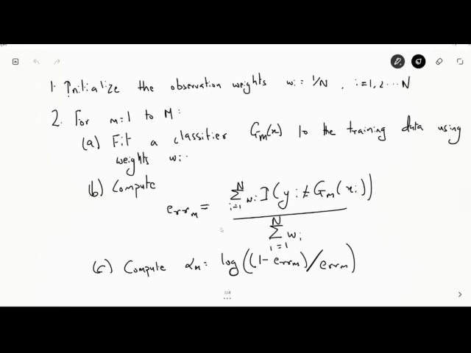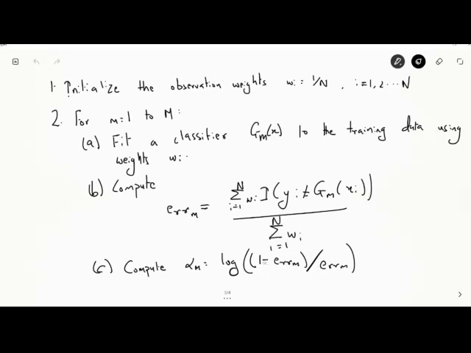Now we will compute alpha m. This is given by log of (1 minus error m) by error m, where error m is the error at step m. This makes sense because if we have a classifier which is doing a better job than just a coin flip, then this ratio would be greater than 1.